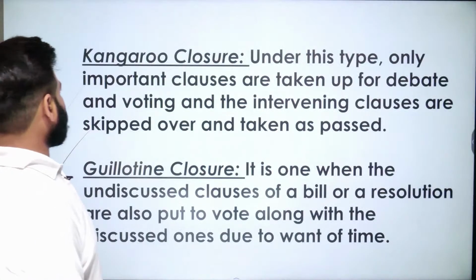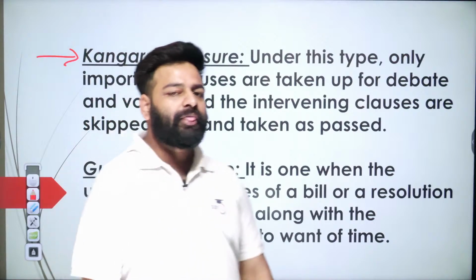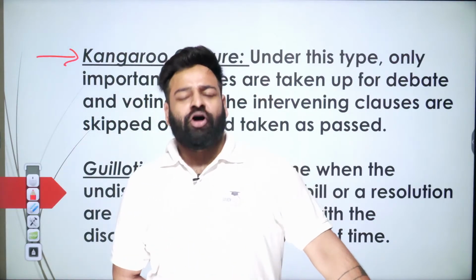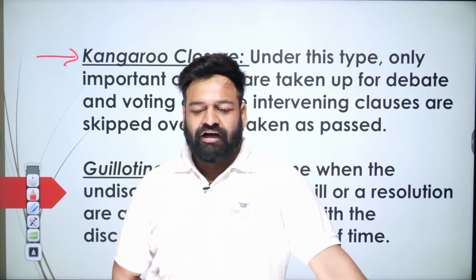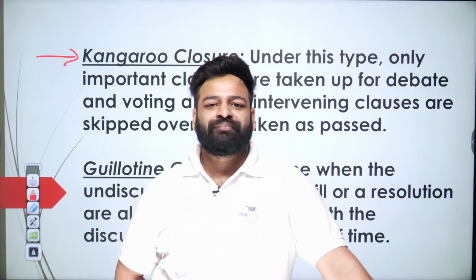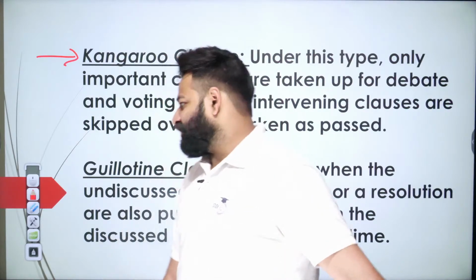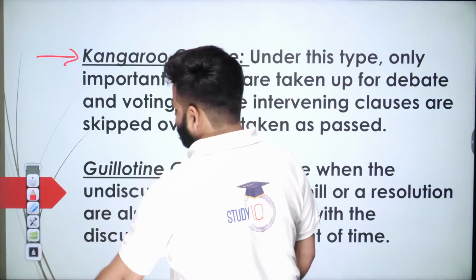Next one is the kangaroo closure. Yes, it is kangaroo closure only. How does the kangaroo walk? The walk of general humans or other animals and the walk of kangaroos, they are different, right? Generally, how do we walk?